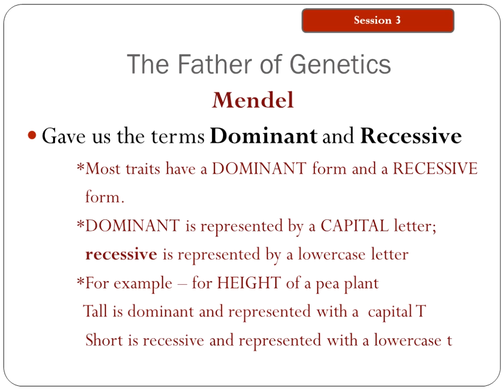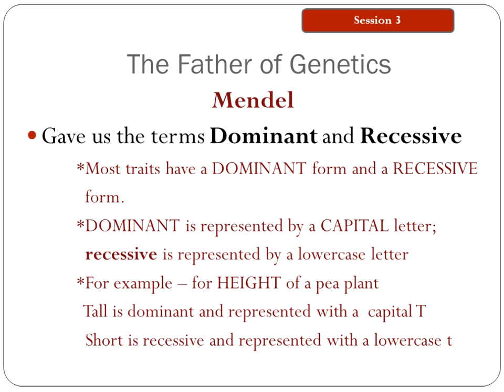Whereas short, since it's recessive, would be represented with a lowercase letter, and we still use the T just because it helps us remember that we're talking about the same trait. So the capital T represents tall, the lowercase t represents short, and this tells us that tall is dominant and short is recessive because of the lowercase letter. These are the two alleles, or forms, of height in a pea plant.